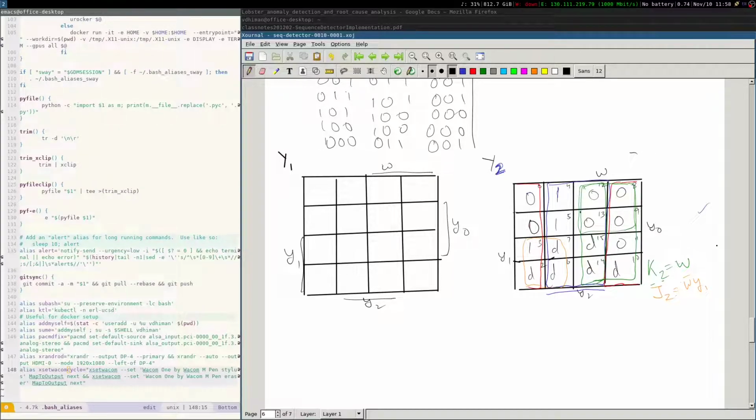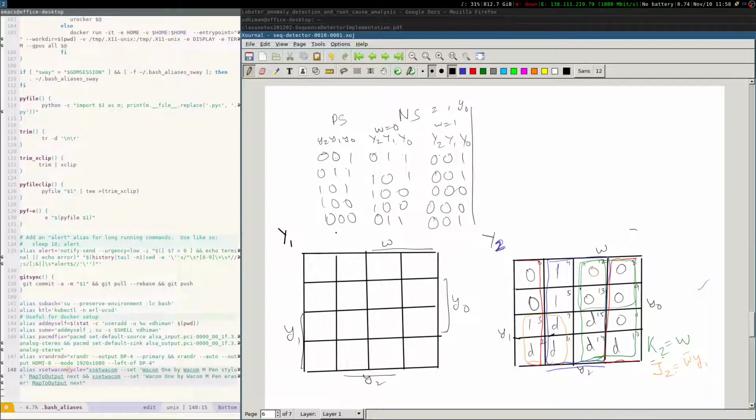And then we refill these up: 5, 6, 7, 8, 9, 10, 11, 12, 13, 14, 15. Some numbering for the states.